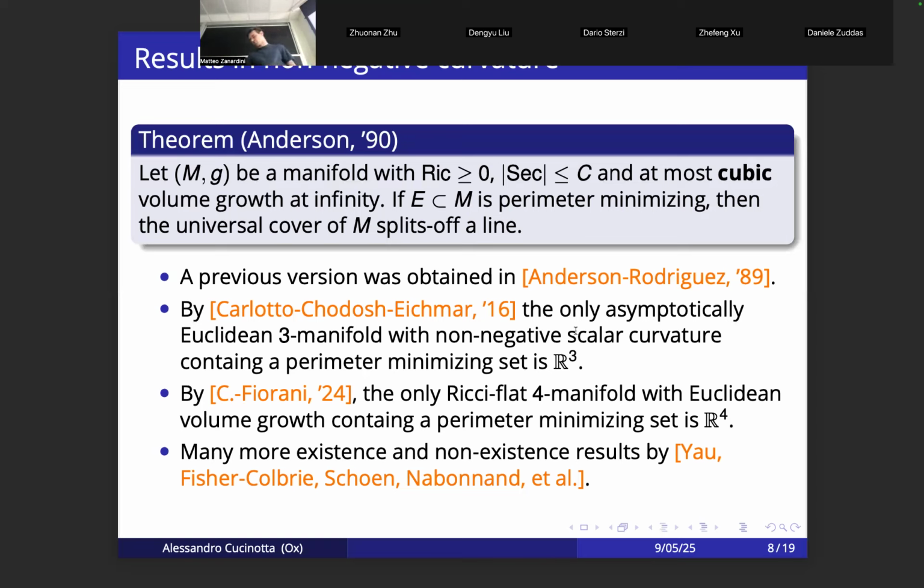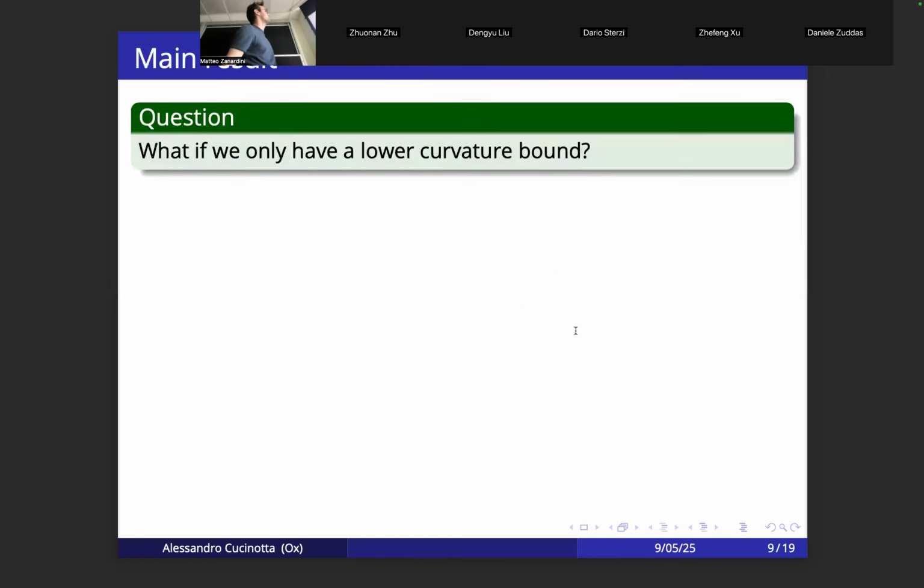And with Francesco, we have this very strong assumption of flat Ricci curvature. So all these results have curvature assumptions from above and from below. So the natural question, also in view of the splitting theorem, which only requires non-negative Ricci curvature, is: can we say something having only a lower curvature bound?